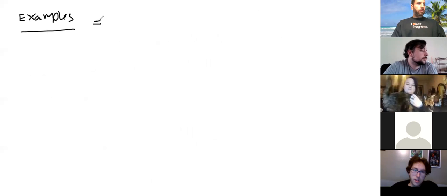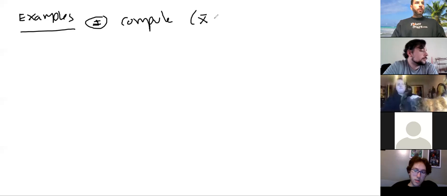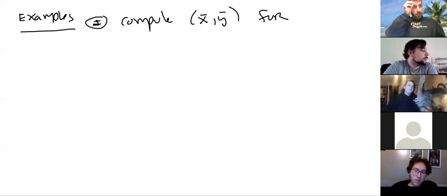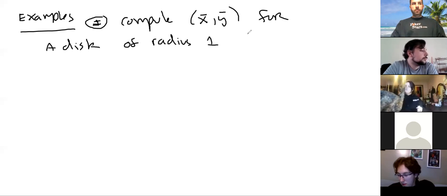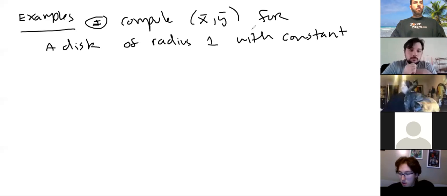So let's say the first one, we have, let's compute x bar, y bar, so the center of mass for a disk of radius 1 with constant density.